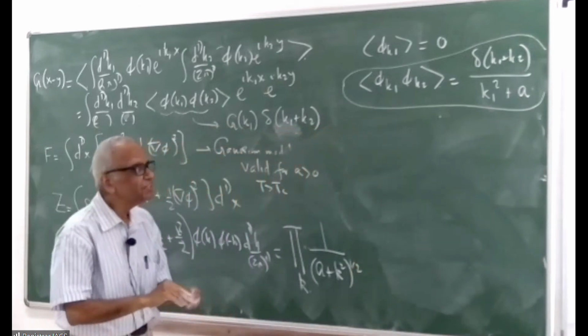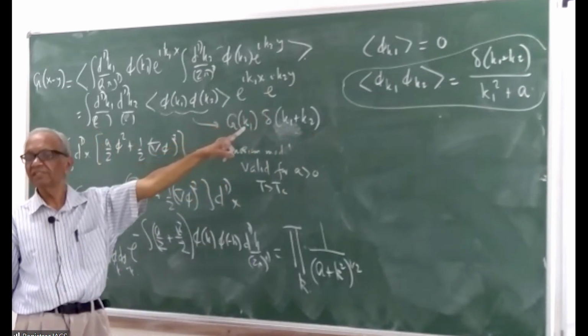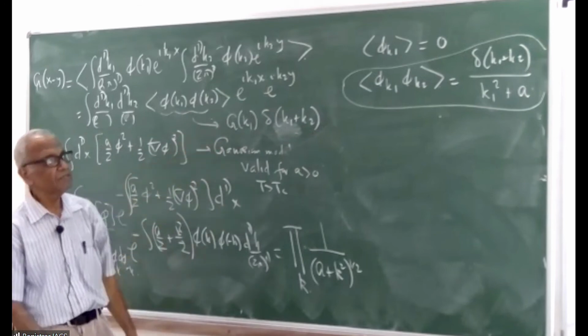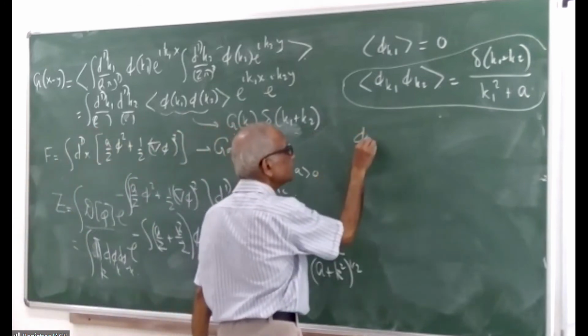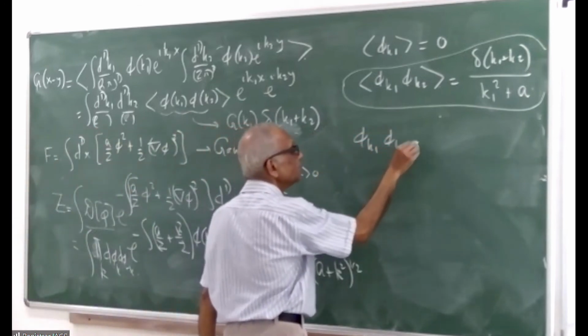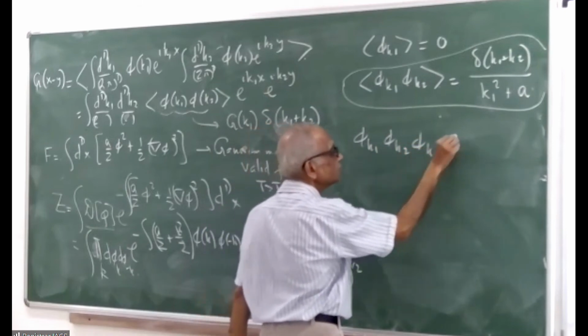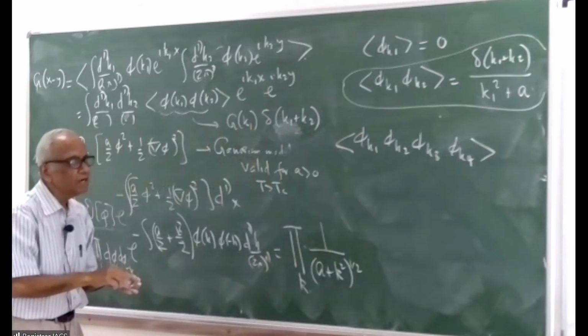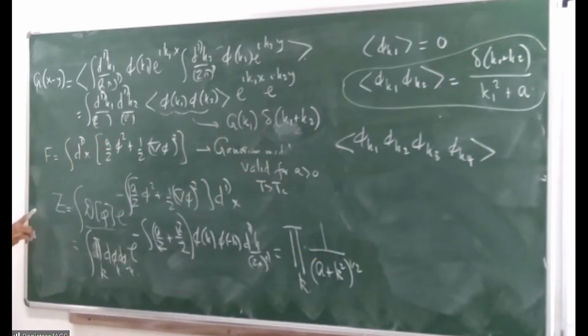If it is an odd number of phi's, you will have 0. If it is an even number, say phi k1, phi k2, phi k3, phi k4, this expectation value has to break up pairwise.